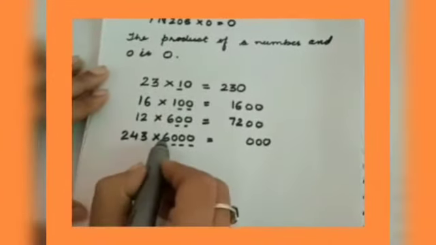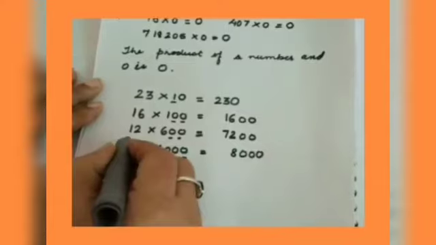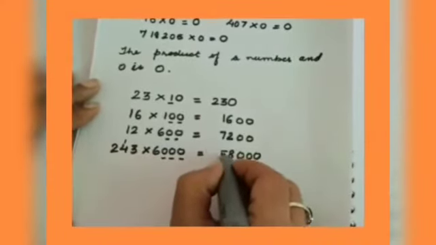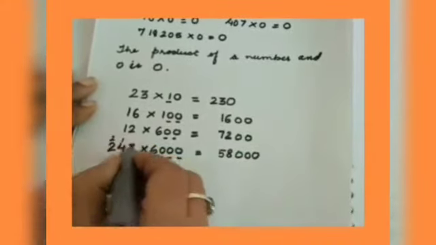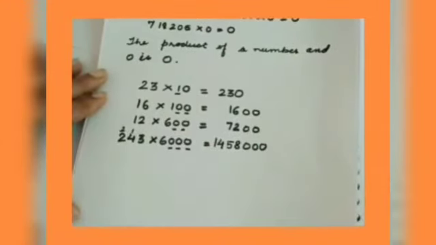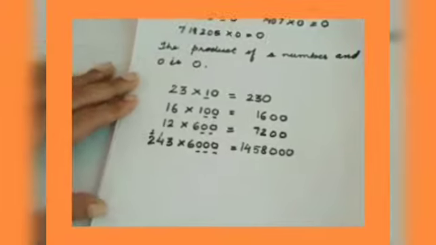So 243 multiplied by 6. 6 3s are 18. 8 here, 1 carry. 6 4s are 24. 24 plus 1 is 25. 5 here, 2 carry. 6 2s are 12. 12 plus 2 is 14. So the product becomes 14,58,000.